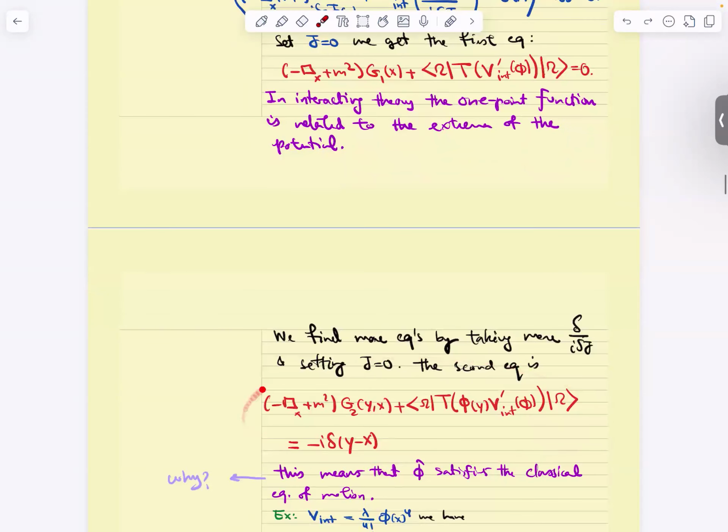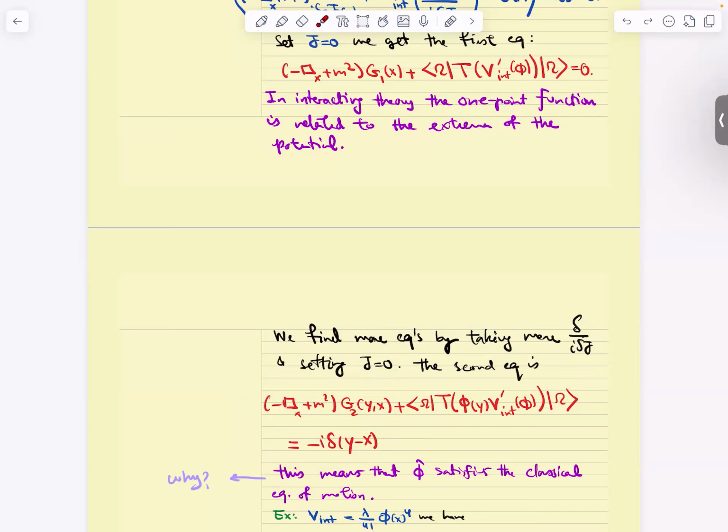What is this? If the potential was 0, this term would go away. What you would find is that the propagator is the Green's function for the Klein-Gordon operator.